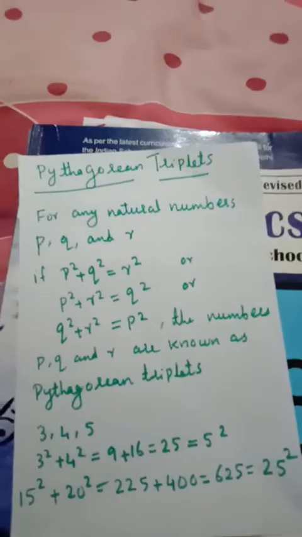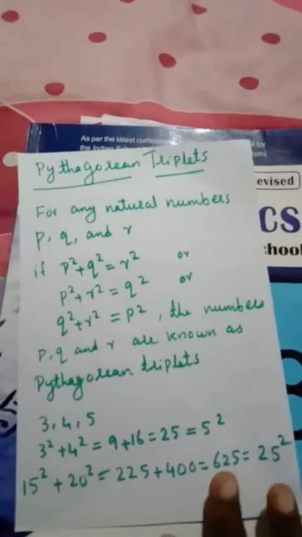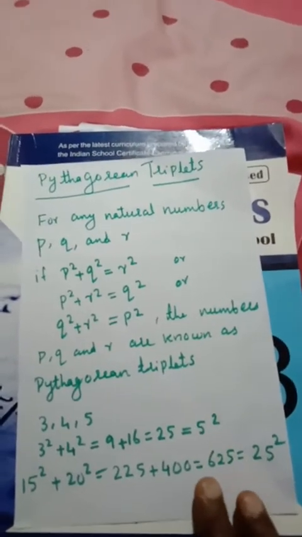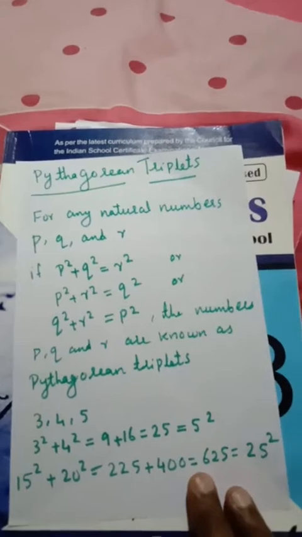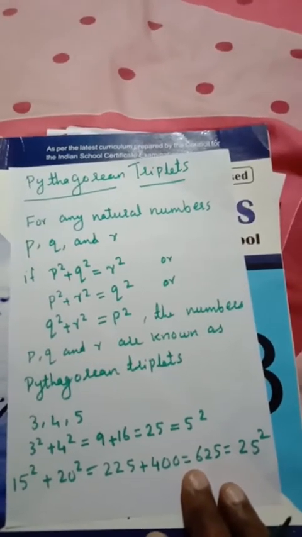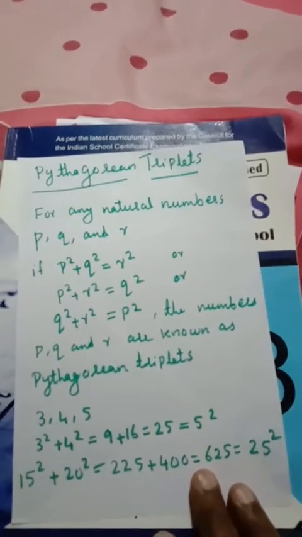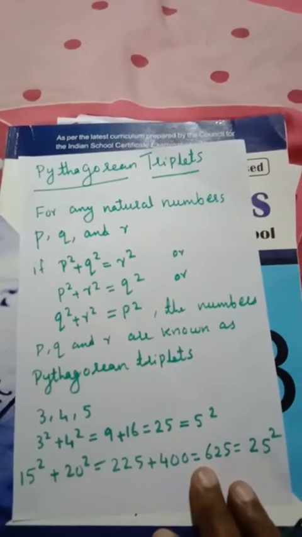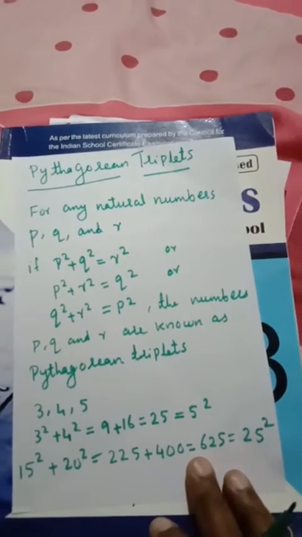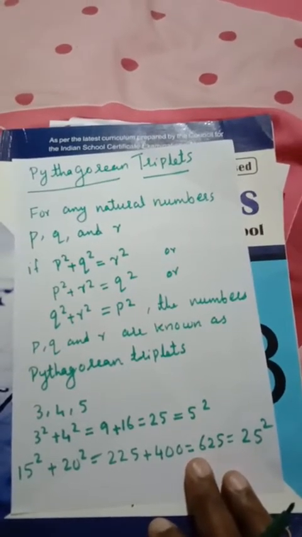Next heading, Pythagorean triplets. Pythagorean triplets means suppose any natural numbers p, q and r, if p square plus q square is equal to r square, or p square plus r square is q square, or q square plus r square is equal to p square, then the numbers p, q and r are known as Pythagorean triplets.